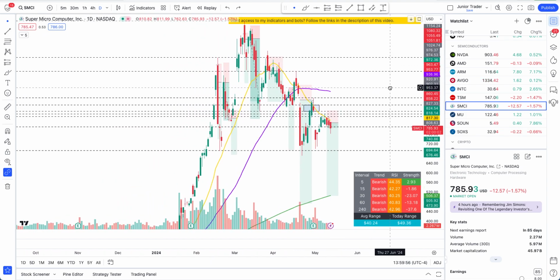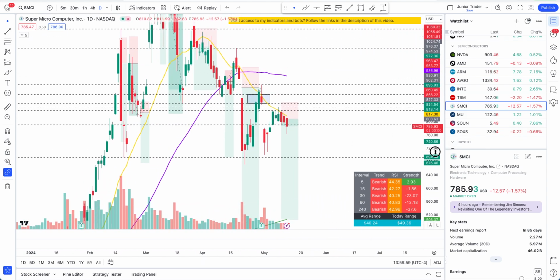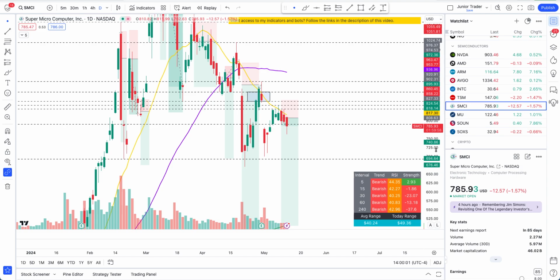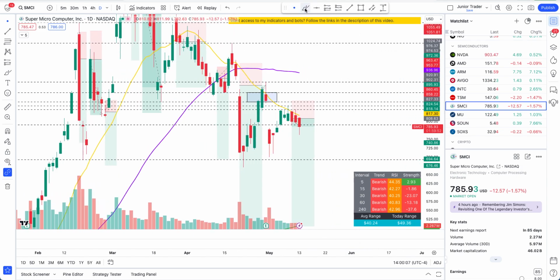Now, where would the structure change start happening, where I would be worried and want to get out of my short position fully? That structure change would happen if SMCI forms a pivot and eventually gets above the 20 days moving average, and/or above 833.